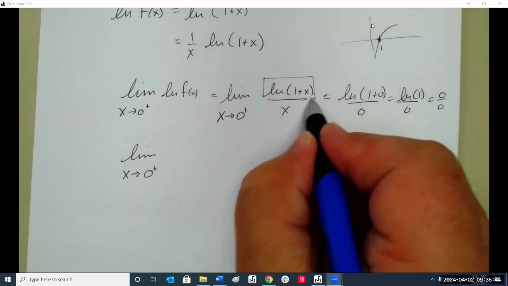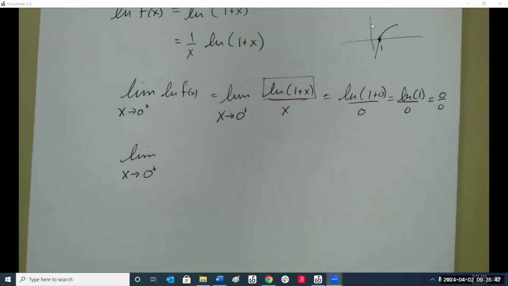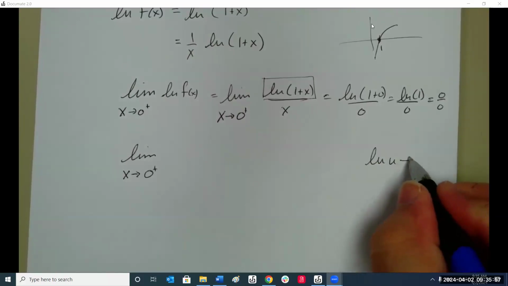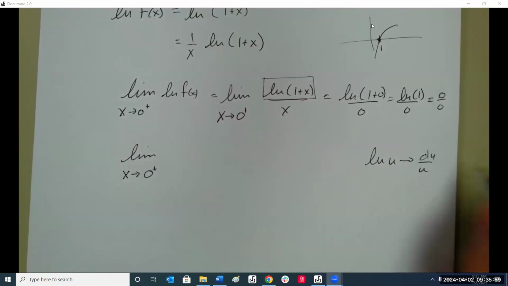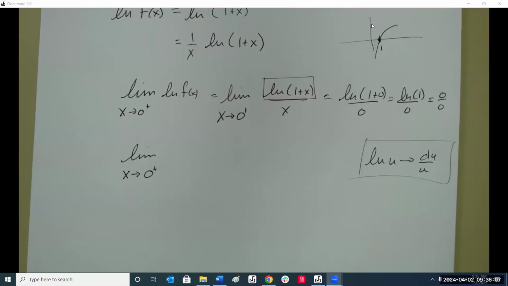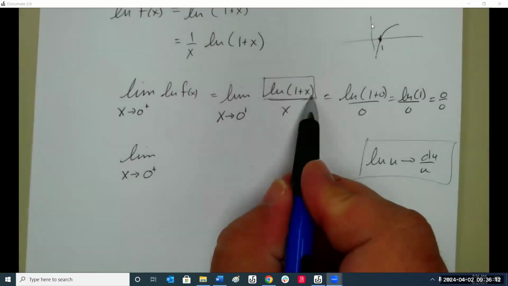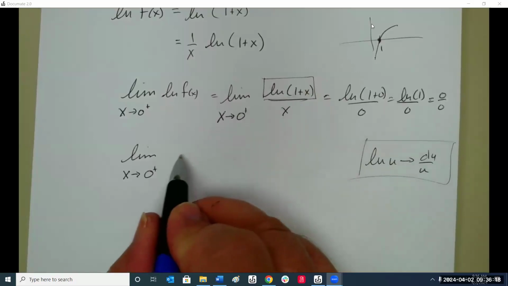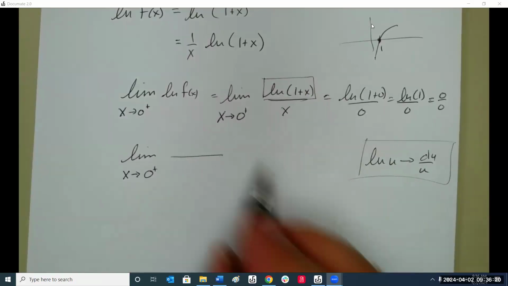The top: what's the derivative of ln of 1 plus x? If you don't remember, for ln u, the derivative is du over u. So the u is 1 plus x. What's the derivative of 1 plus x? 1.